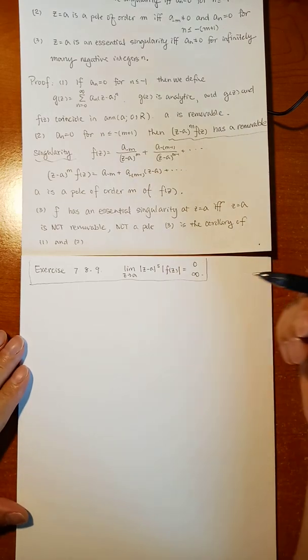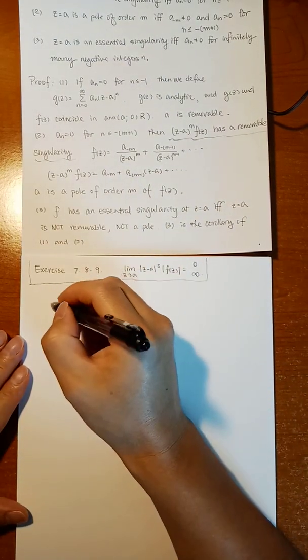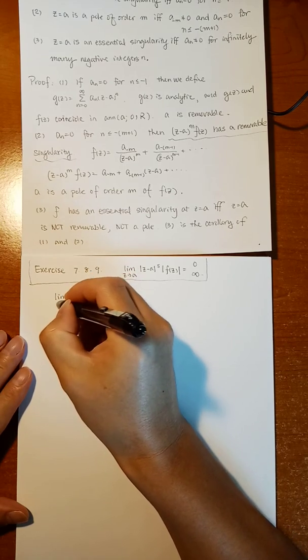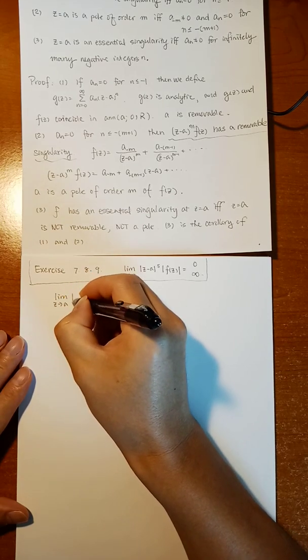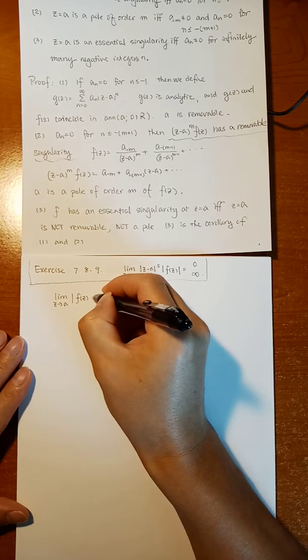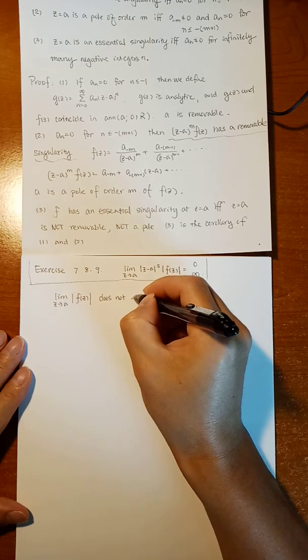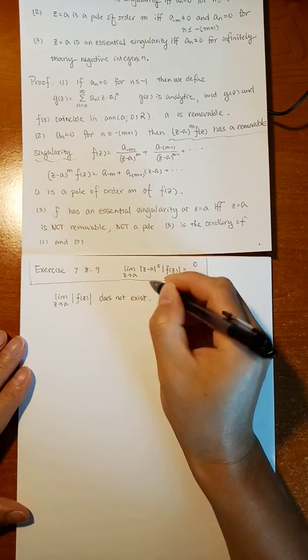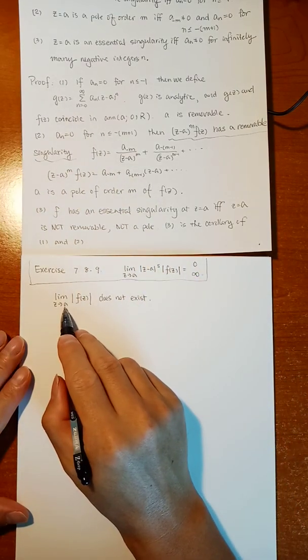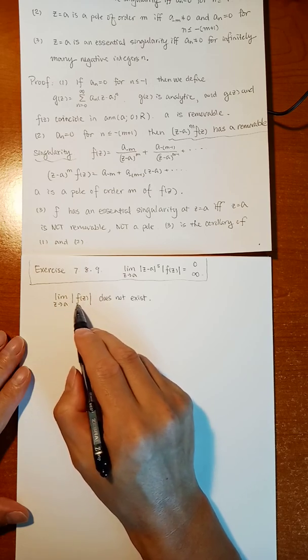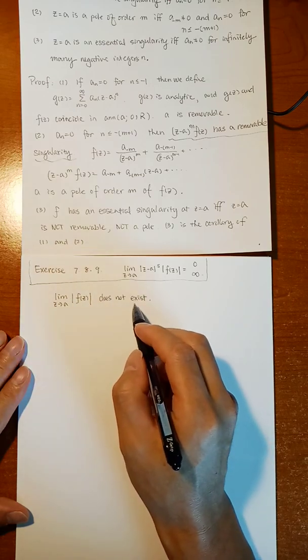All right, so now let's see what is essential singularity. Essential singularity means when you let z approach a, the modulus of f of z does not exist.